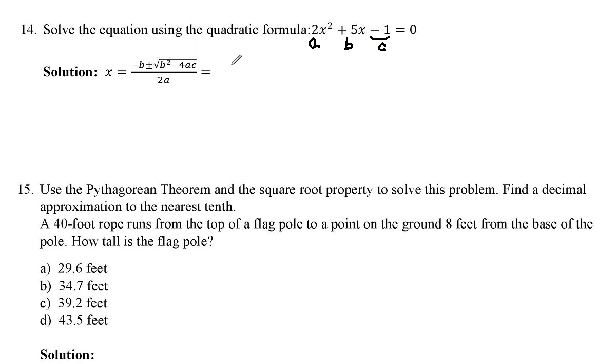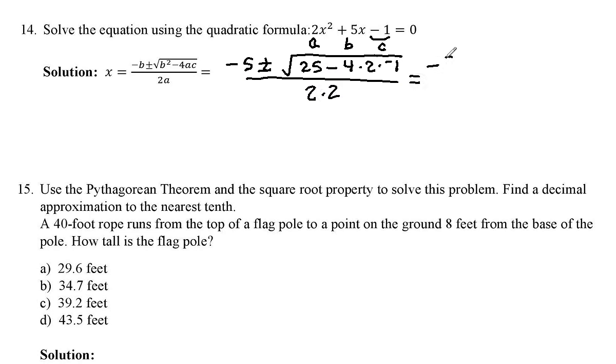So the negative of b, that's going to be negative 5 plus or minus the square root of b squared, so that's 5 squared, which is 25, minus 4 times a, which is 2, times c, which is negative 1. And then that's all over 2 times a, 2 times 2.